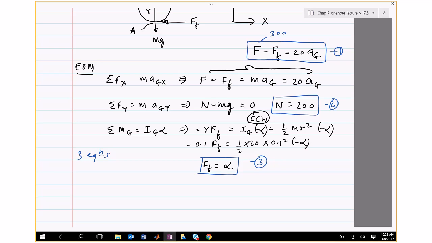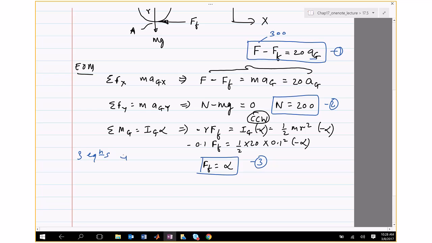I think there are four. Ff is unknown, alpha is unknown. F was known. So ag is 1, Ff is 2, N is 3, and alpha is 4. N is just 200, but if you count it as an equation, then you have to consider it as an unknown.